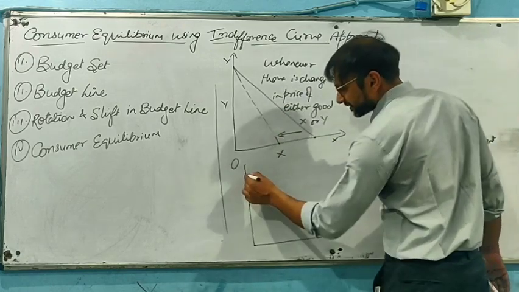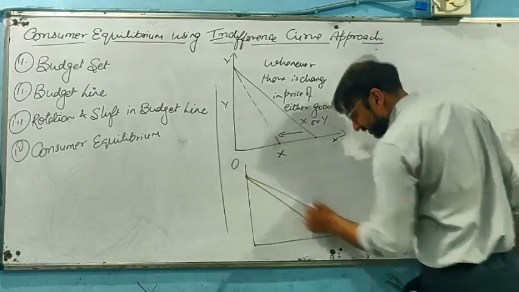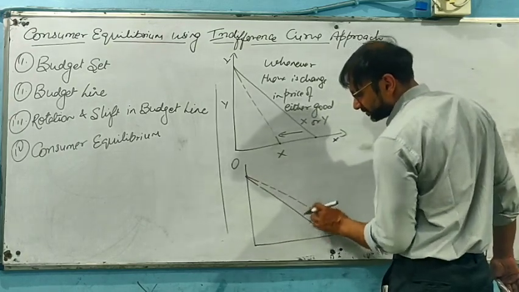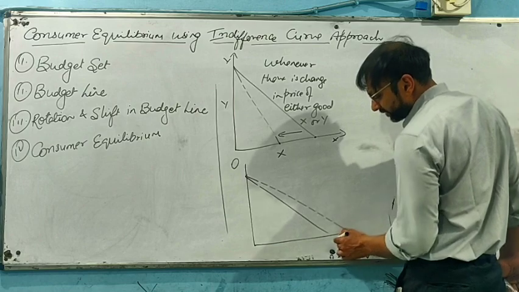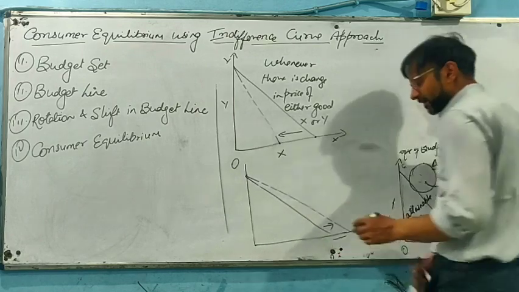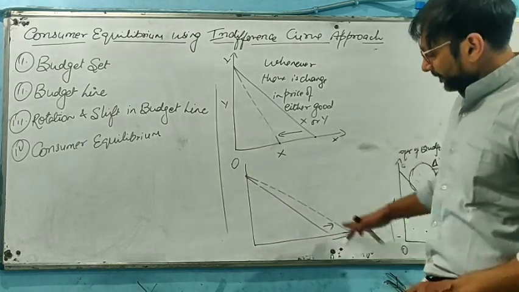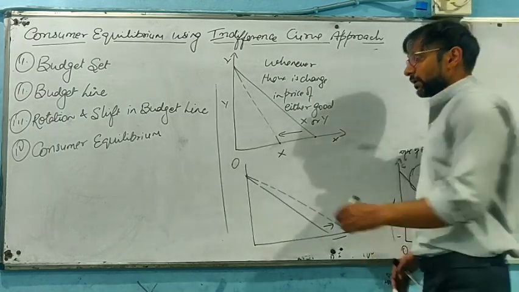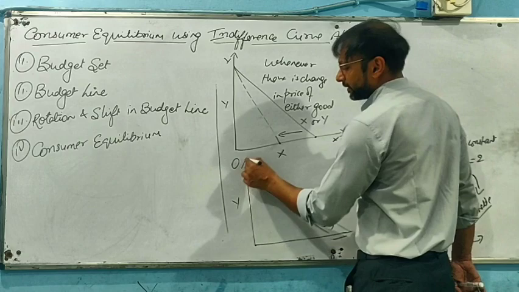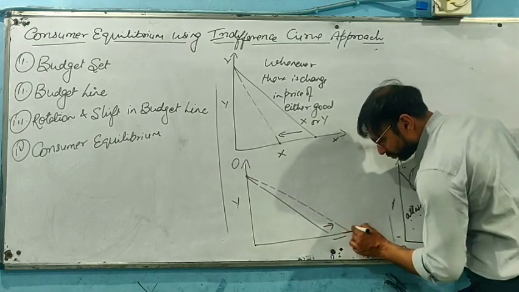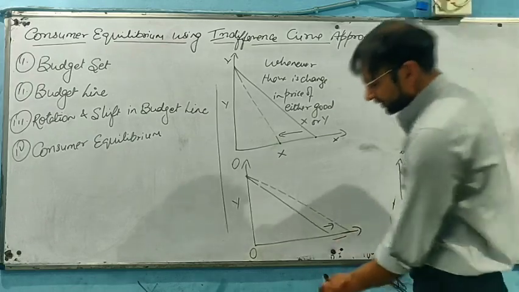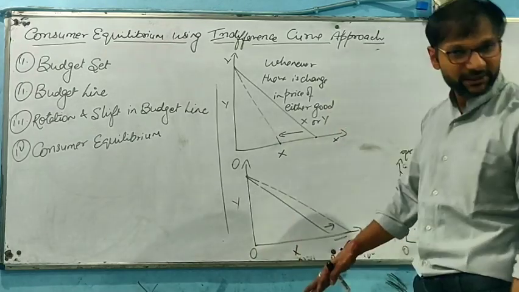Again, we take another example. We can say rotation also takes place whenever there is a reduction in the price of goods. If the reduction in the price of goods takes place, rotation will take place, right? यहाँ पे rightward आपका move कर जाएगा, and the rotation where Y units will have no change, since there is no change in the price of Y, but the price of X has been reduced.